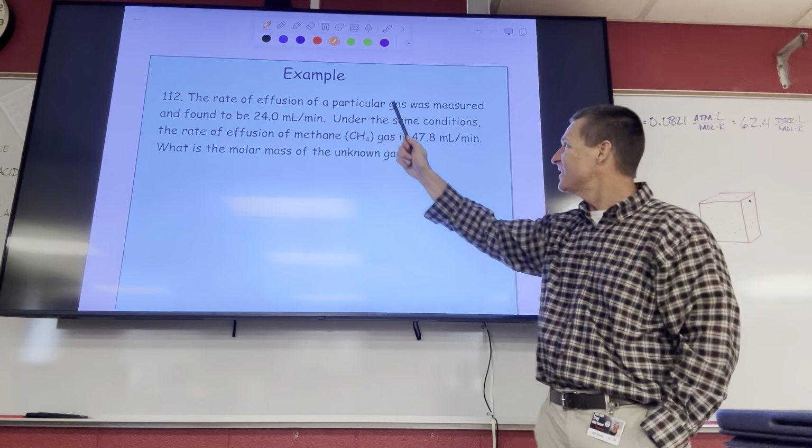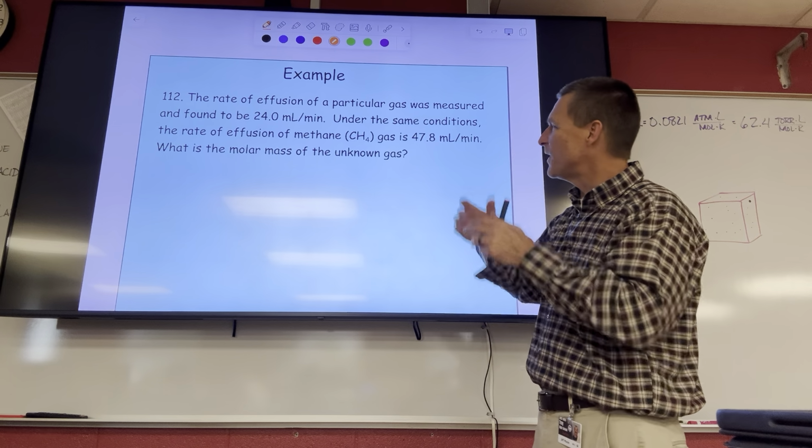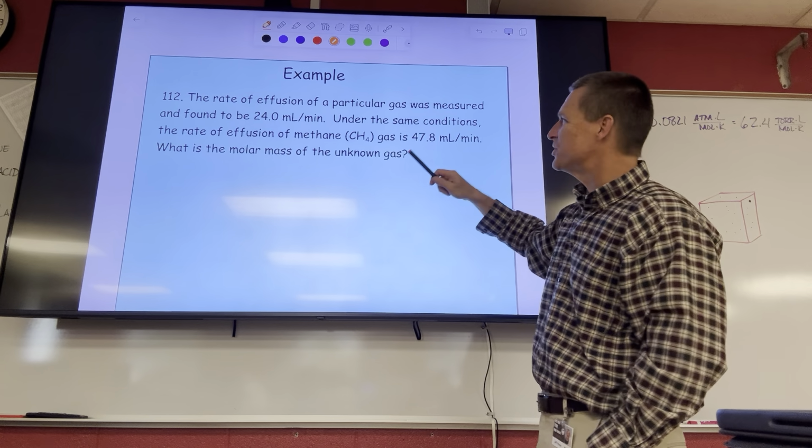How much volume per time? That's a rate of diffusion. It's losing volume. Under the same conditions, the rate of diffusion of methane, one whose molar mass we know, is this. So what is the molar mass of that unknown gas? You don't have to identify it, just figure out what its molar mass is. Take a moment and see if you can do that one.